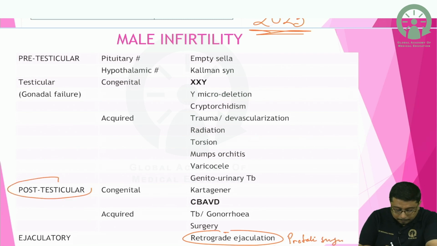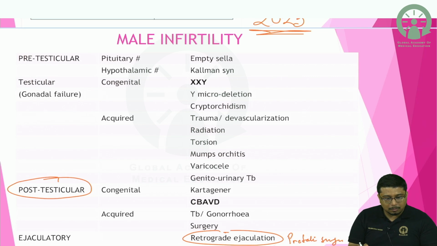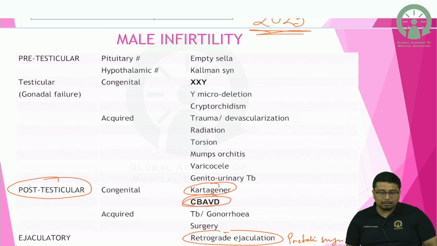Then a problem beyond the testis, like something blocking the vas, like stenosis or a surgical clip, like your male sterilization, or a congenital problem like congenital absence of bilateral vas deferens, or Kartagener syndrome, where the vas deferens is there but the cilia are non-motile and cannot take the sperm ahead.